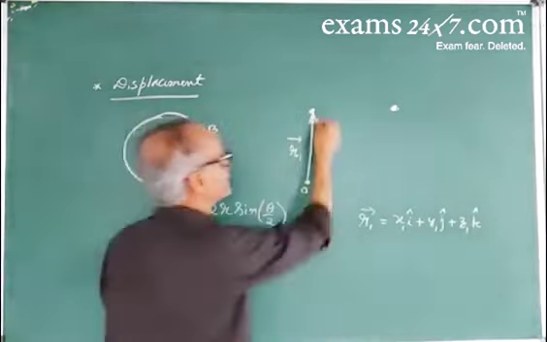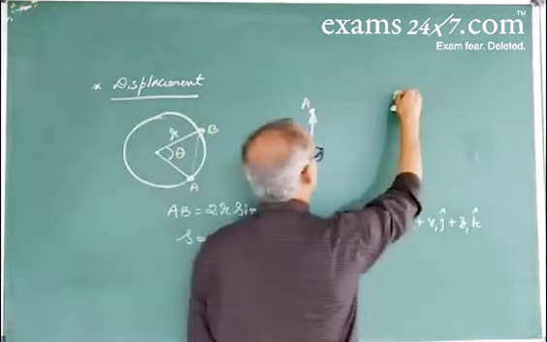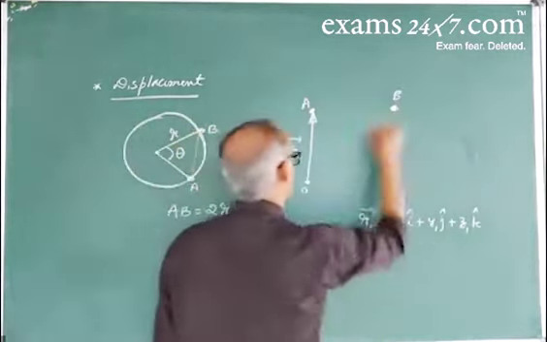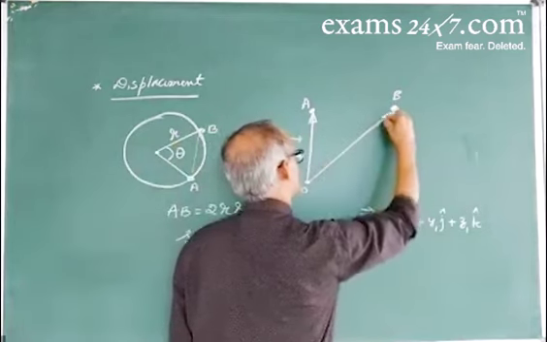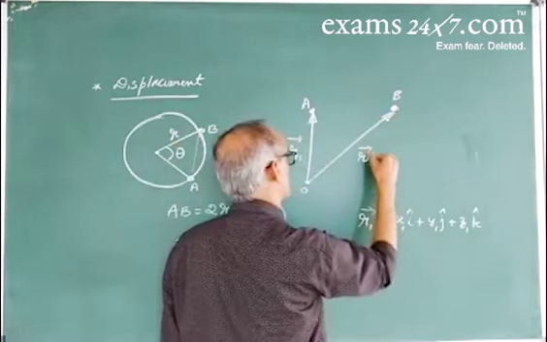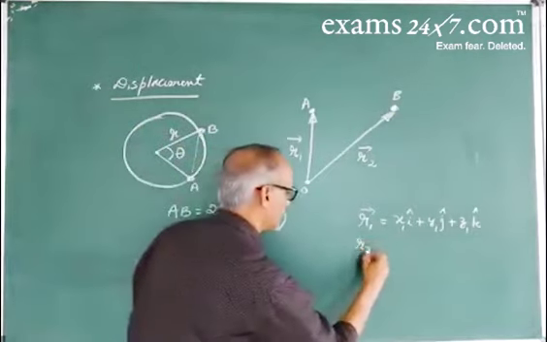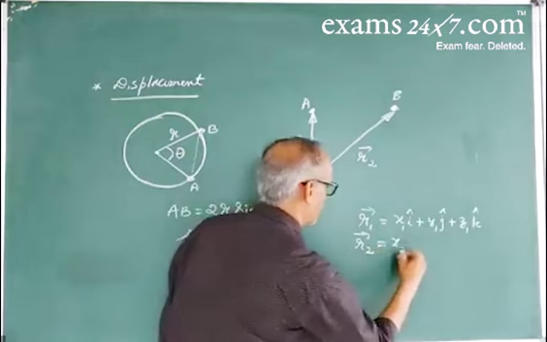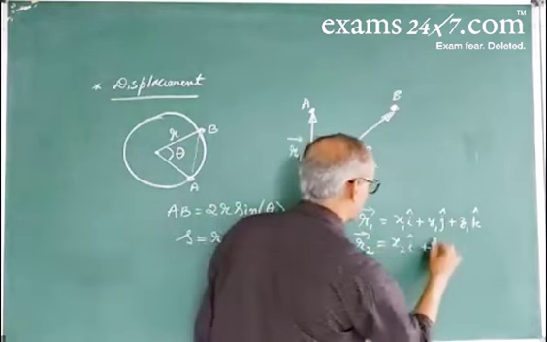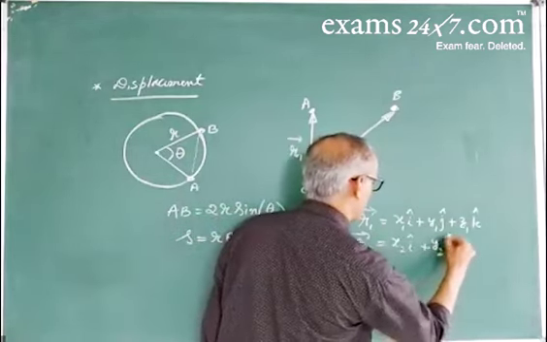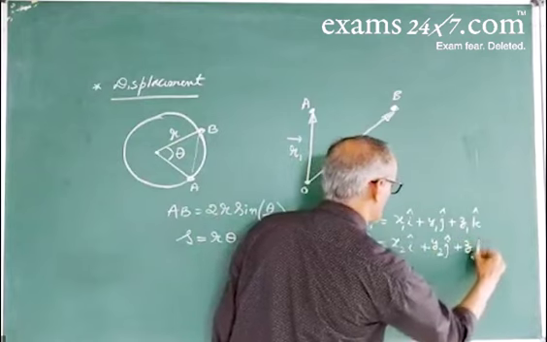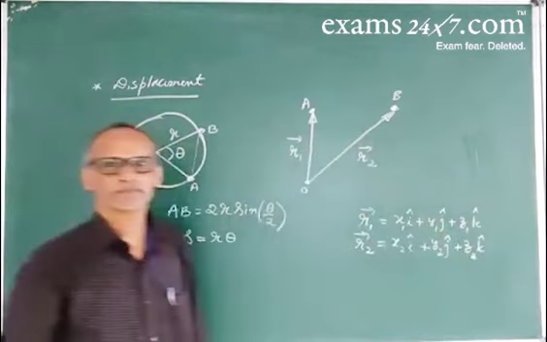And if the particle moves from A to B, then for the new position, I can find another position vector, which is r2. So r2 is given by x2 i cap plus y2 j cap plus z2 k cap.